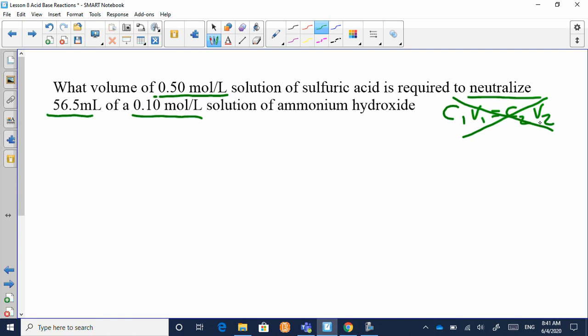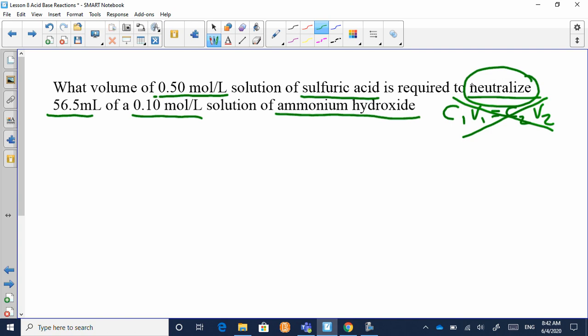The reason being is that there's a reaction that's taking place, and you've got two different substances. In one case, you've got sulfuric acid. In the other case, you've got ammonium hydroxide. And it says the word neutralize. So you know that a chemical reaction is occurring. So it's not just that you're taking sulfuric acid and diluting it to another concentration of sulfuric acid.